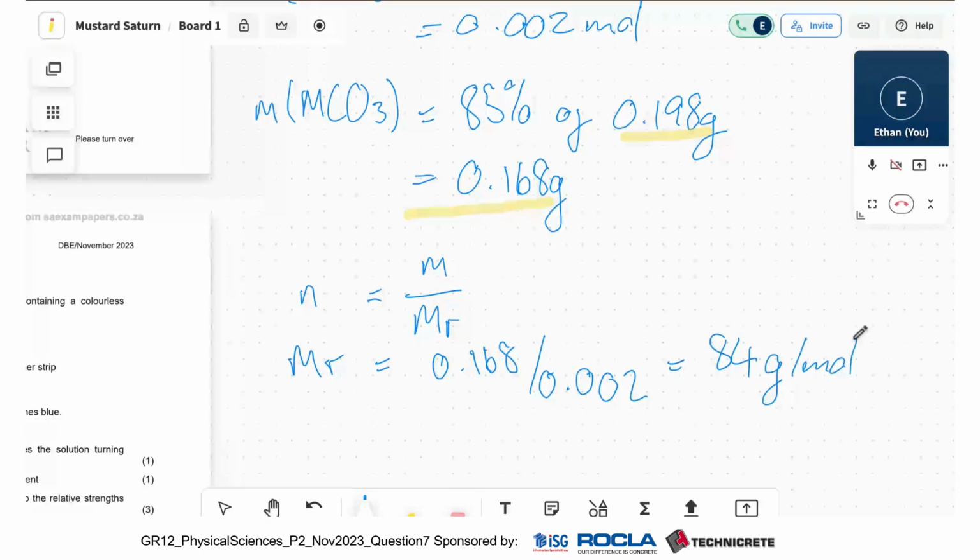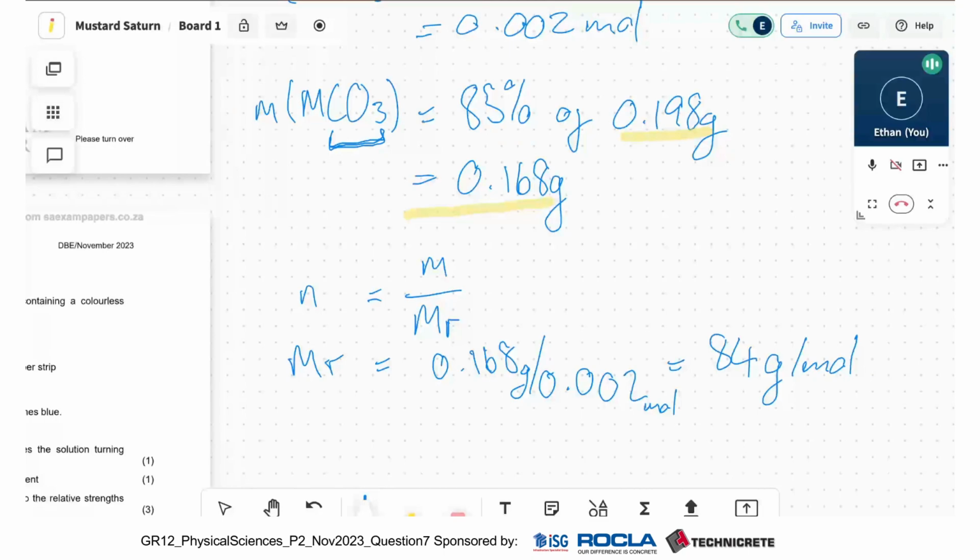But now remember that this is for the metal carbonate, so not just the metal alone. So we need to account for this carbon atom and these three oxygen atoms. And the carbonate ion on its own has a molecular mass of roughly 60.